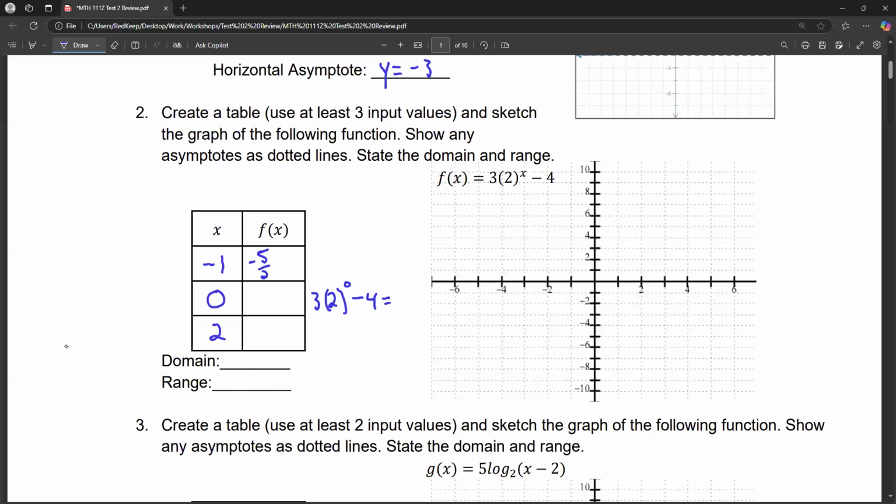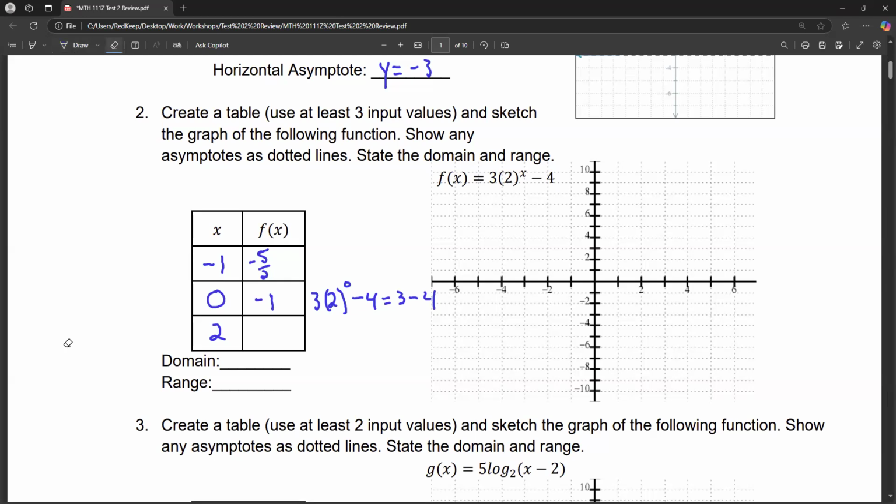So it's a really good choice for your exponent value because 2 to the power of 0 is just equal to 1. And if we multiplied 3 times 1, we would actually just get 3. So this just simplifies quickly to 3 minus 4, which of course, if I only have 3 and I take away 4, I'm going to have negative 1 left.